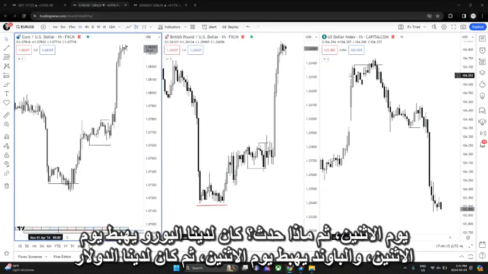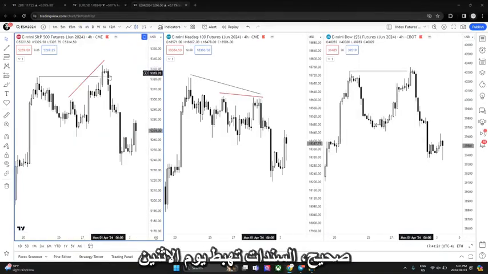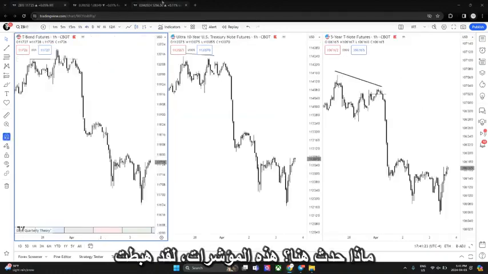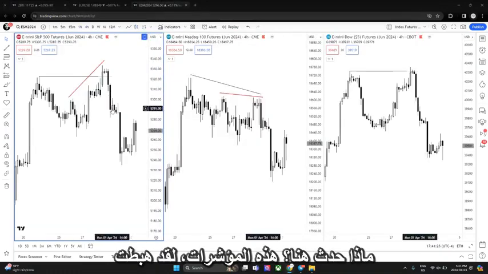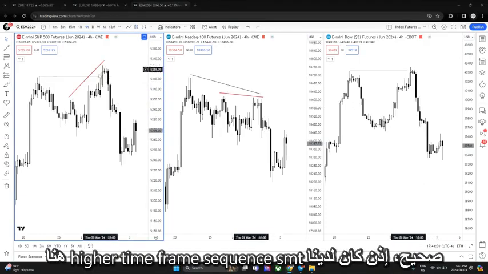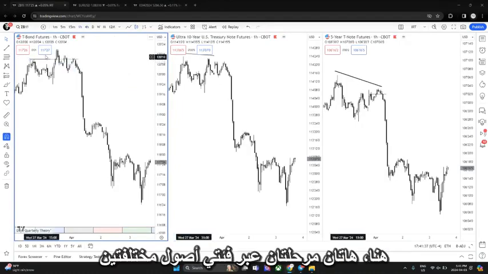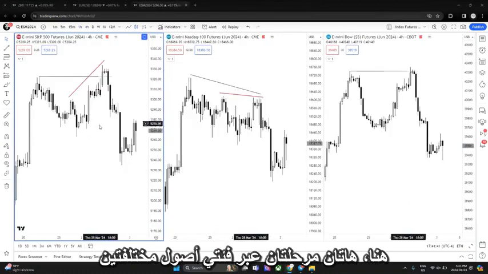Then we had the dollar expanding. Do you see that? Right? Bonds fall on Monday. What happened here? The indices, they fell too. Right? So we had a higher time frame sequential SMT here. We had a lower time frame sequential SMT here. That's two stages across two different asset classes.